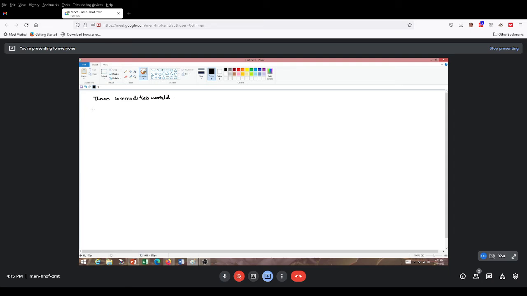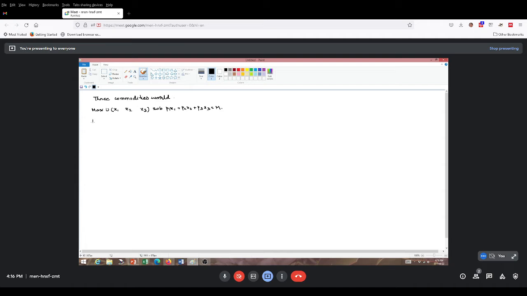So the maximization problem is: utility is a function of x1, x2 and x3, subject to p1 x1 plus p2 x2 plus p3 x3 equal to m.